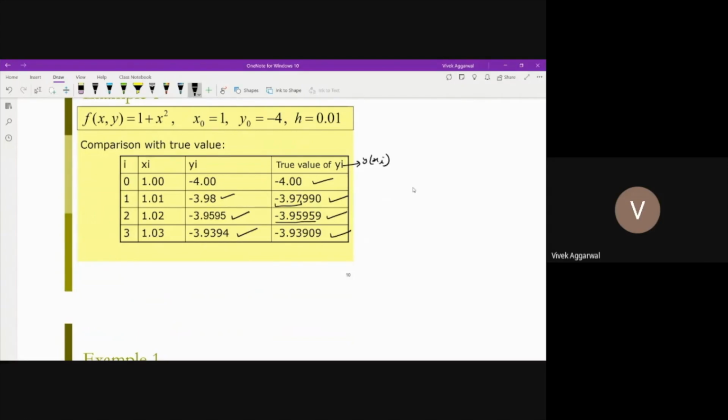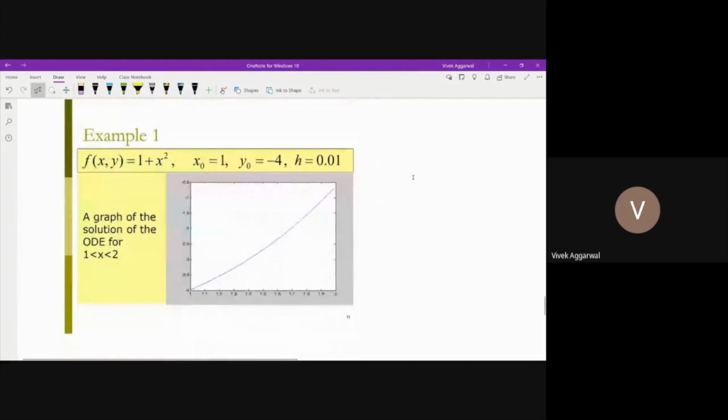Here also it is minus 3.9394, so it gives you the same solution up to 3 digits, because if you round off, it creates the error at the 4th digit. So this way we can calculate the value of the solution, and then we can also find the error. The error is this minus this, and that gives you the error.